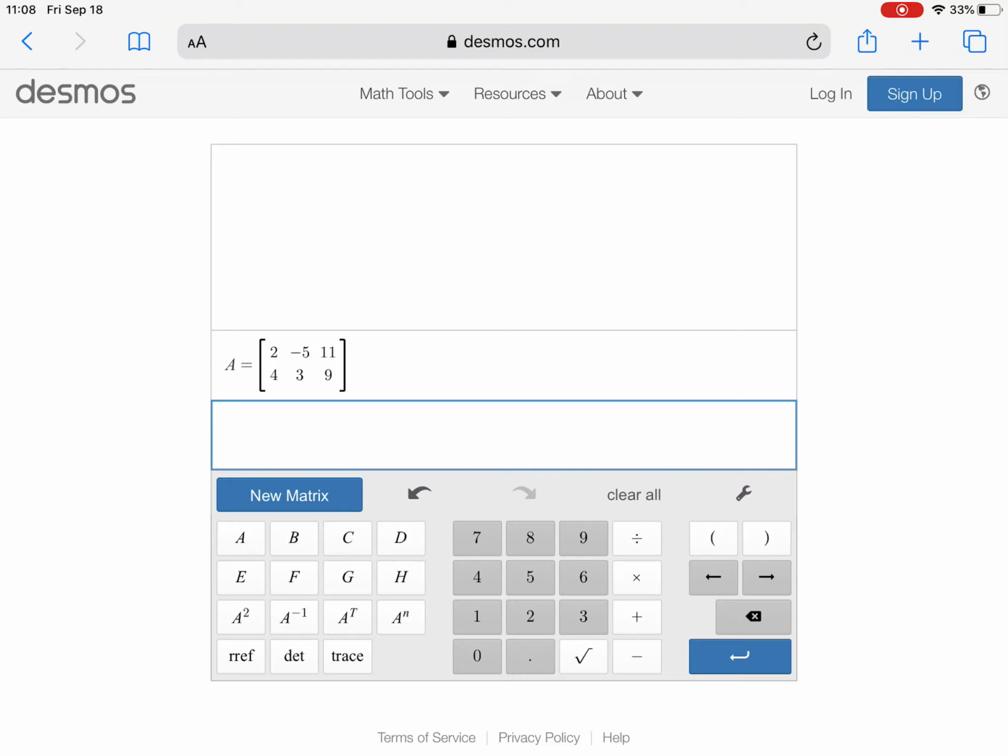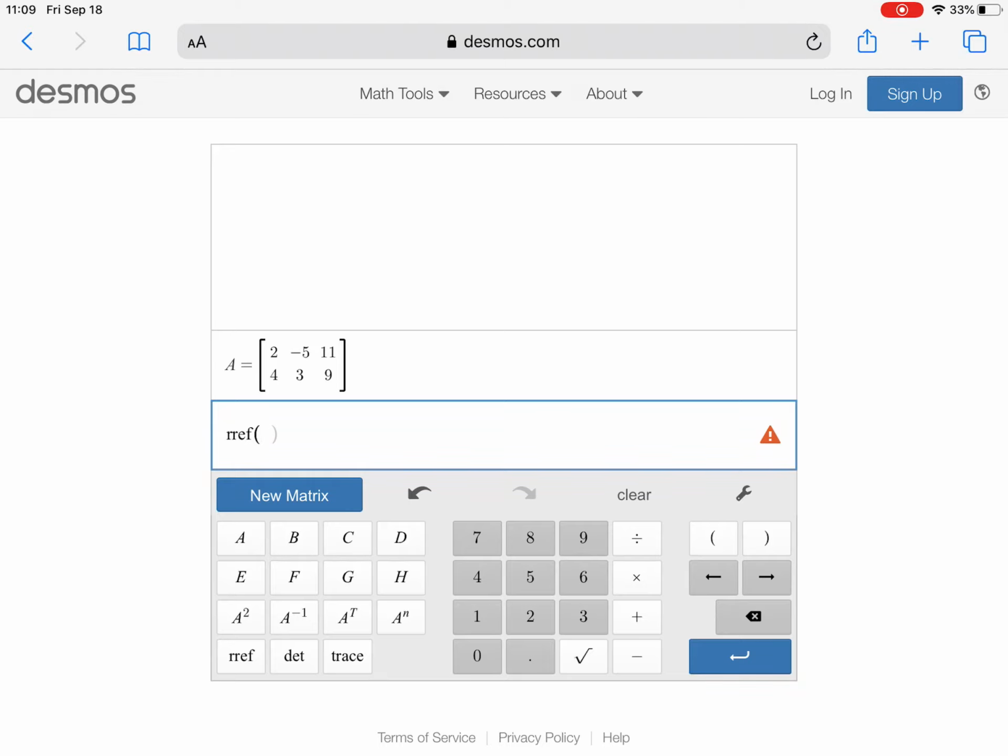Okay, so see A. We are going to use RREF. It stands for Row Reduced Echelon Form. That's a whole lot of fancy things. There's a long way that your calculator takes to solve it. I, in fact, took an entire semester worth of math to learn how to do it by hand.